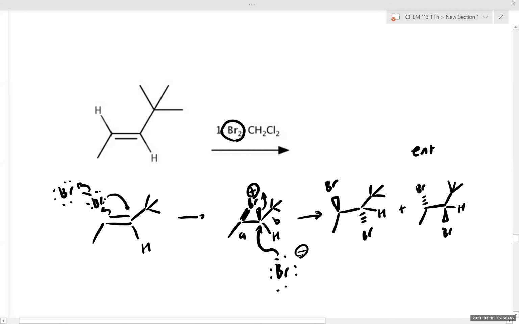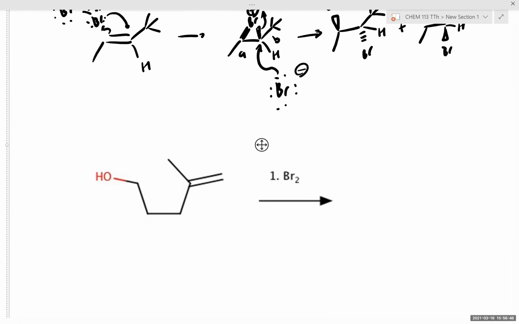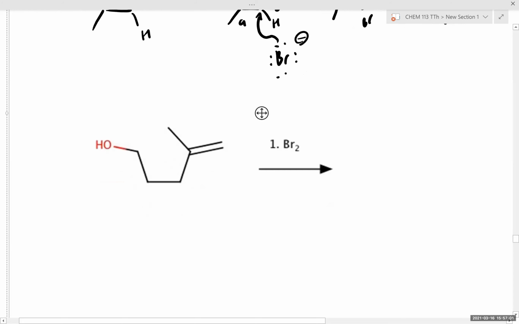Okay, so let's keep going now. And let's look at the following case where we treat an alcohol and an alkene with bromine. So this is a classic example of intramolecular ether synthesis. So for the first step in this reaction, we make a bromonium ion.